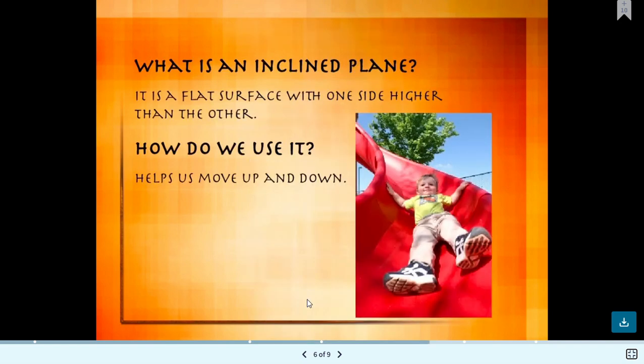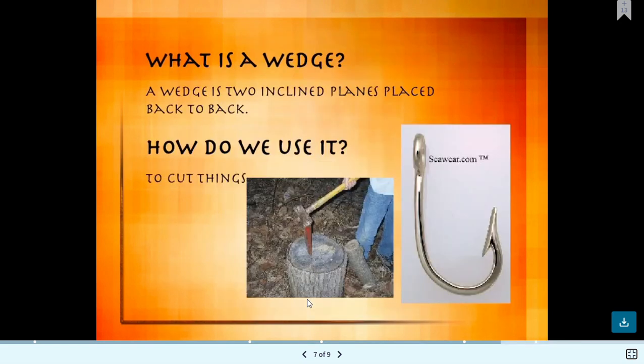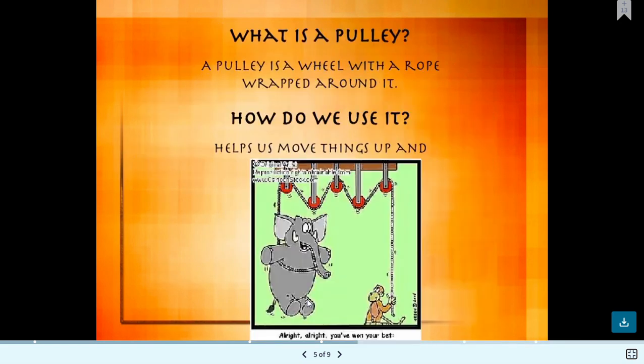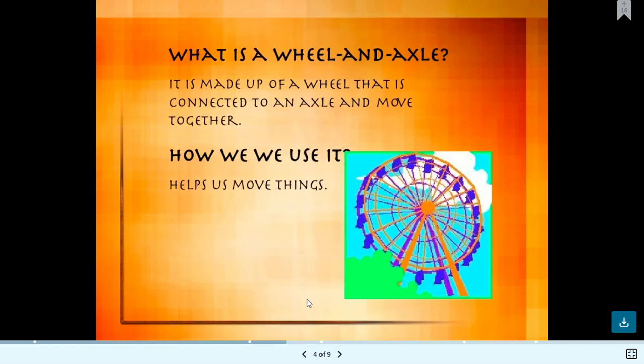Now we are going to learn about a wheel and axle. What is a wheel and axle? When you see a giant wheel fitted to a rod in the center, that rod is called an axle.